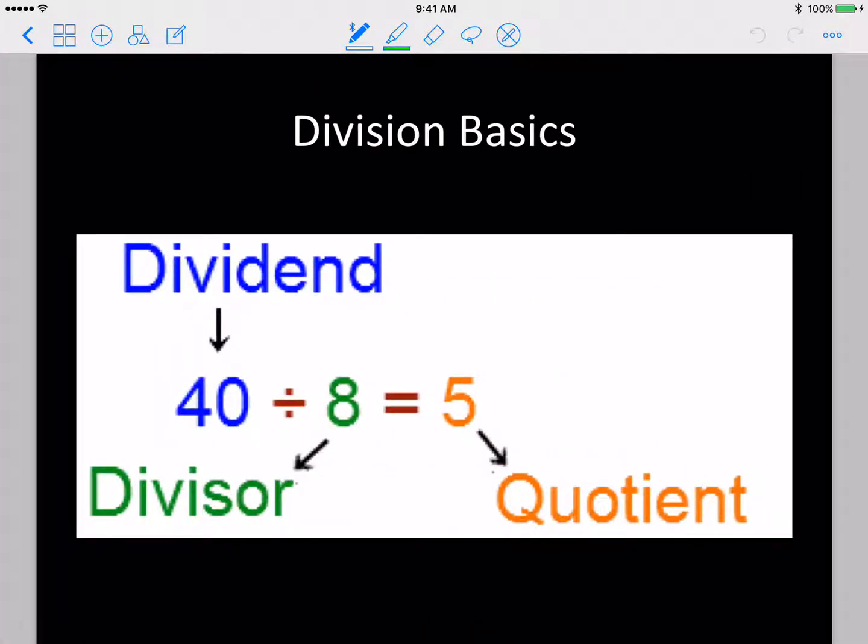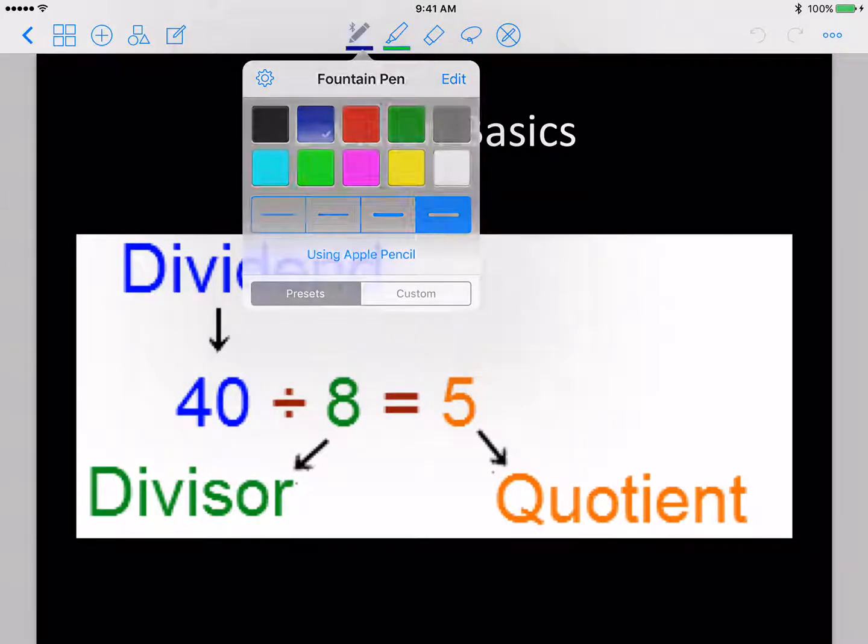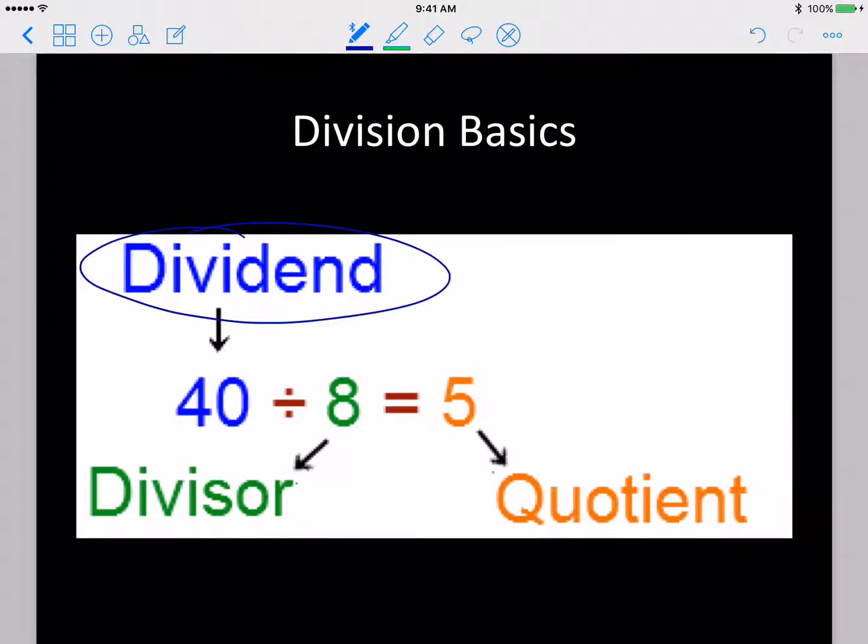Now we're going to move on to division. So division vocabulary. Remember, we have a dividend, which is this number. The dividend, if we're thinking real world scenarios, is the total number of objects.